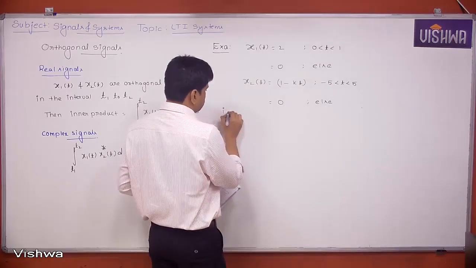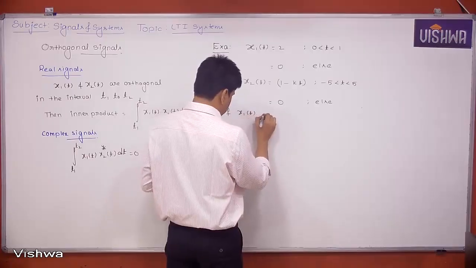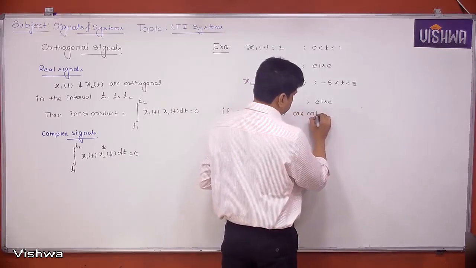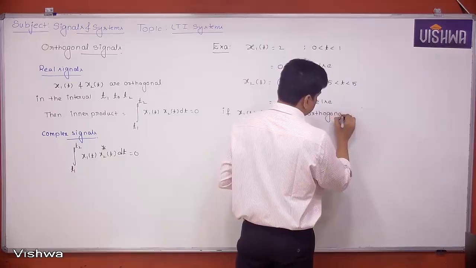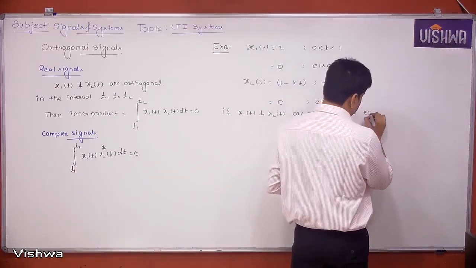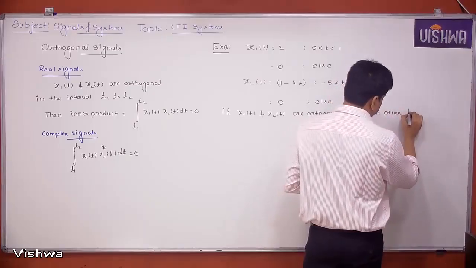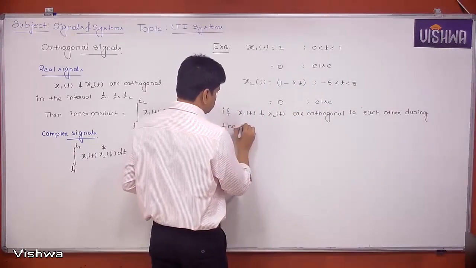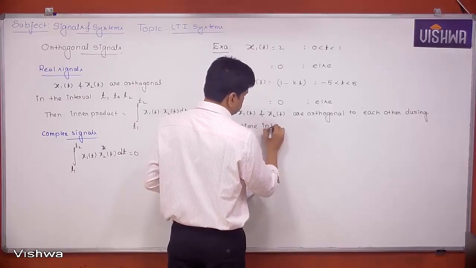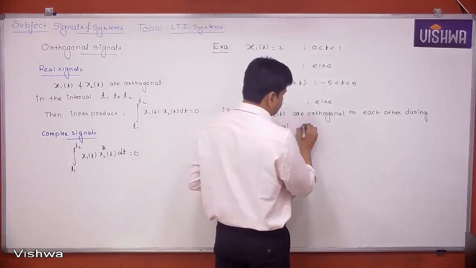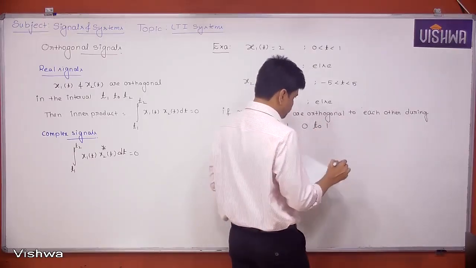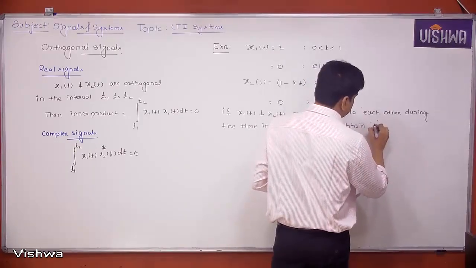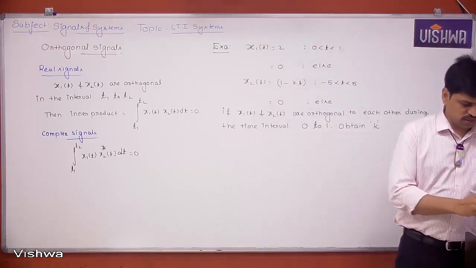If x1 of t and x2 of t are orthogonal to each other during the time interval 0 to 1, obtain the constant k. This is the question. It's a very simple one.